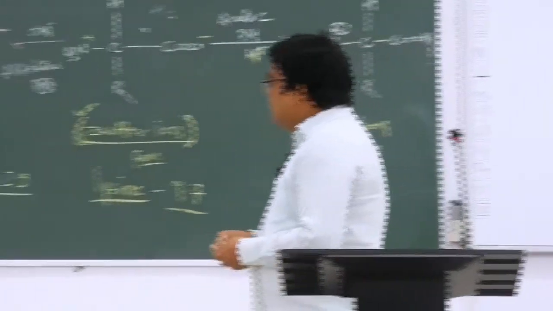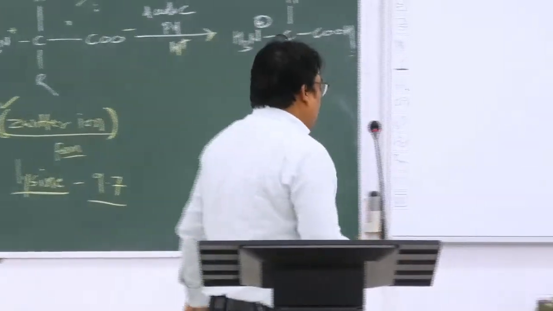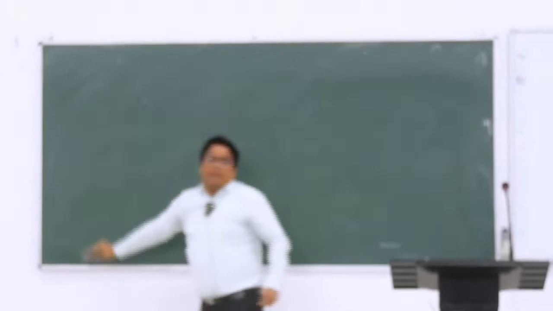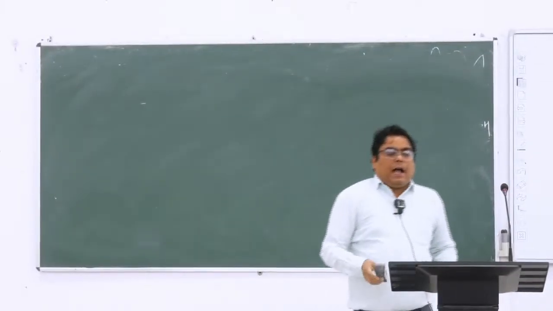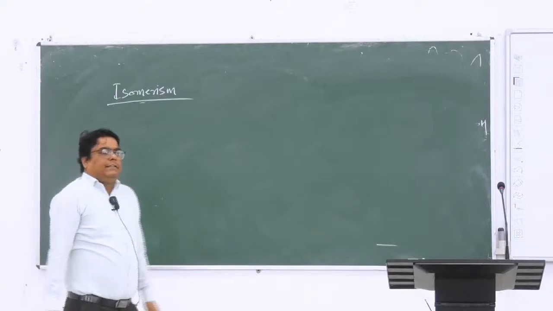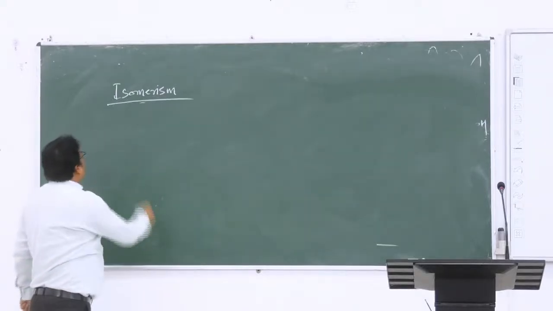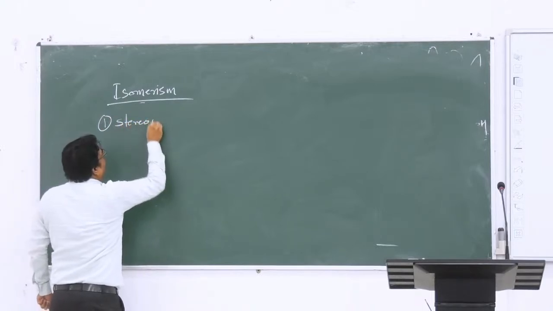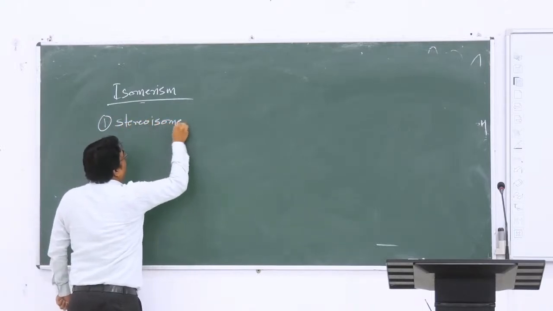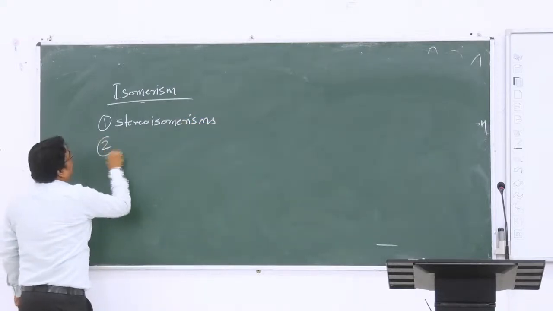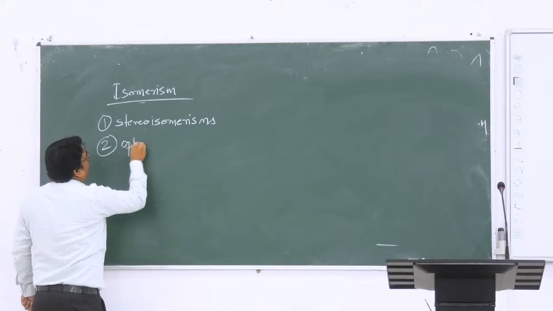Now isomerism. Isomerism you know well. It is basically of two types: stereoisomerism and optical isomerism.